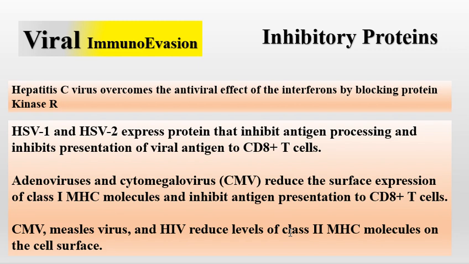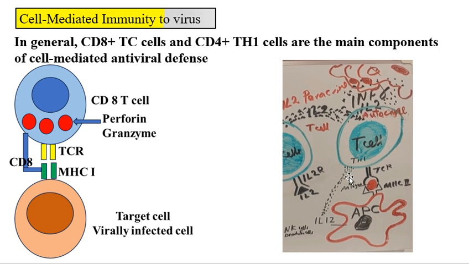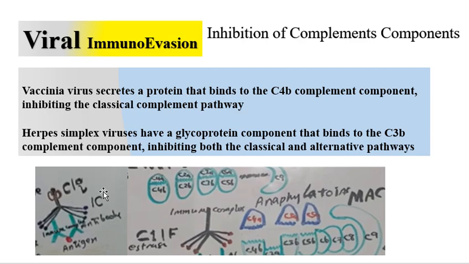And actually class 2 molecules are very important, as I mentioned in the beginning, they play a very crucial role as T helper 1 usually recognize antigens in association with major histocompatibility class 2, and so it will produce interleukin number 2, which is very important, and this cytokine has a paracrine effect on CD8, and it makes it long-lived, and it makes it get activated, and it will show its antiviral activity.